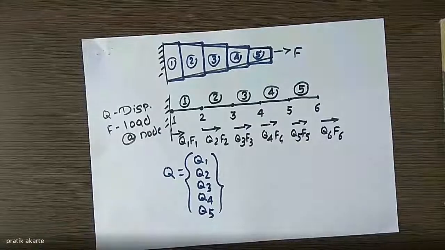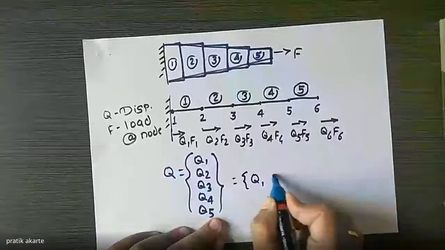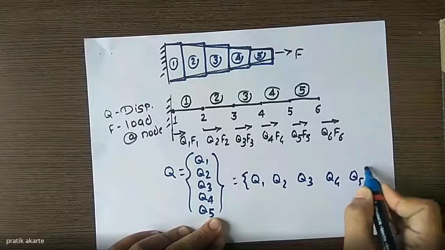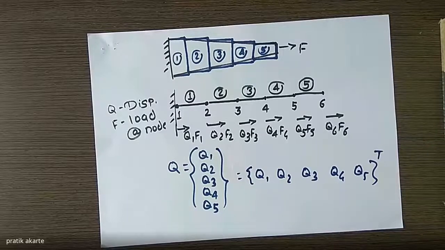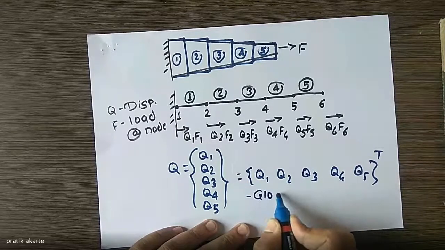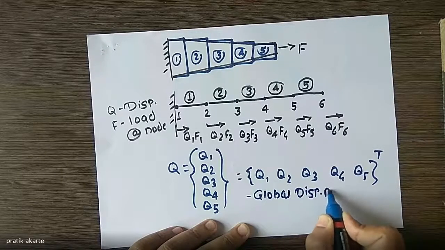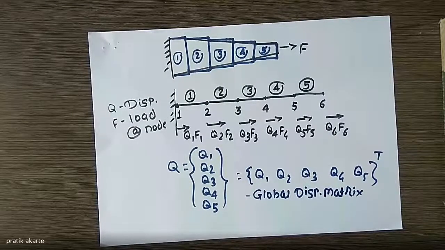You can also write its transpose, Q1, Q2, Q3, Q4, Q5 transpose. This matrix is called your global displacement matrix, which gives you the values for the displacement at each node.